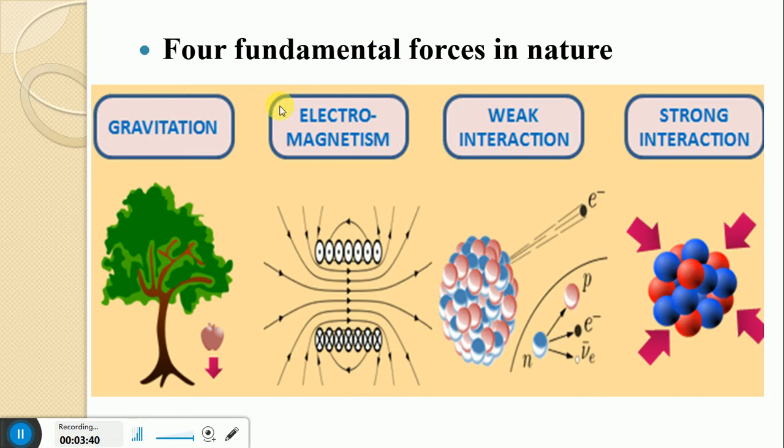Similarly, electromagnetism explains the movement of electrons and different charged particles, and the interaction between moving as well as stationary charged particles. So this is a force which acts between bodies having charge, while gravitation acts between bodies having mass.